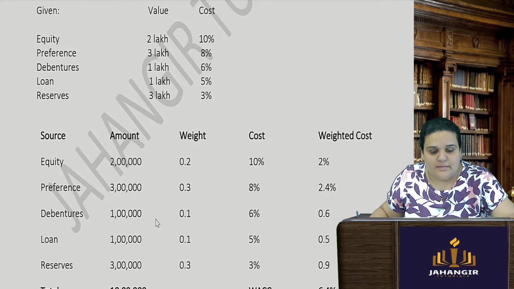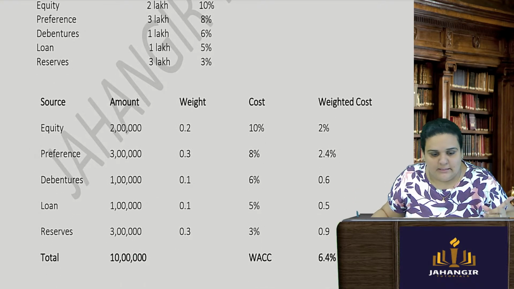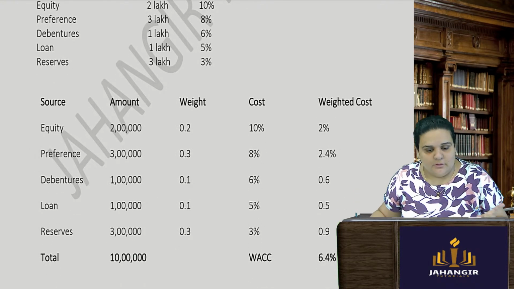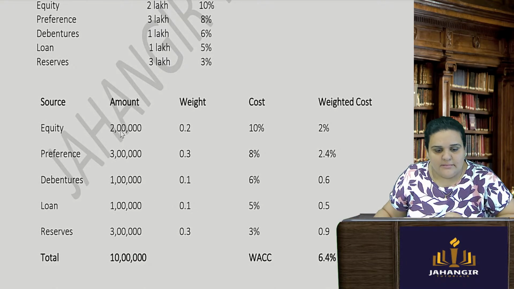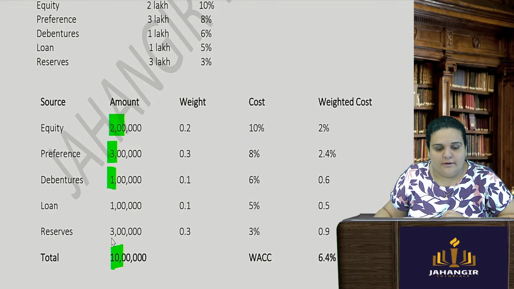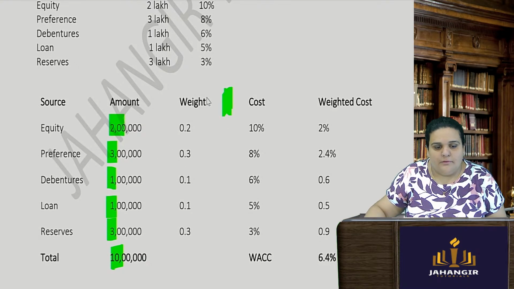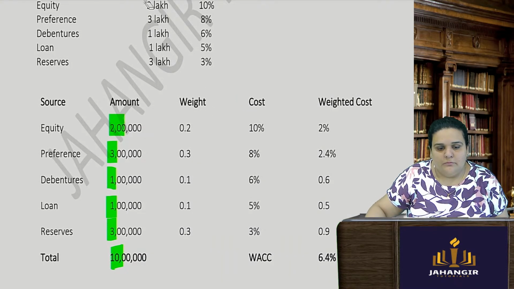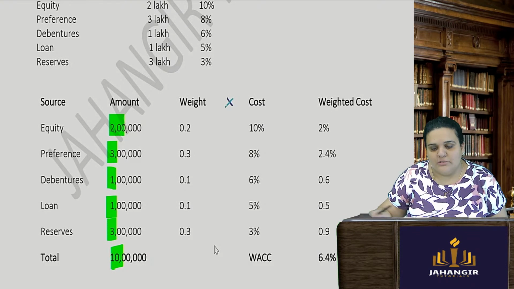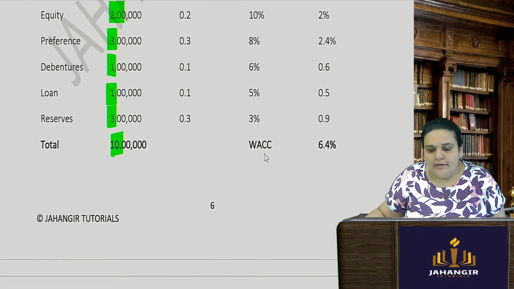I already did a similar sum in the starting when we started with cost of capital. So how will I assign weights? It will be 2 lakhs divided by 10, 3 divided by 10, 1 lakh divided by 10, 3 divided by 10, into cost. Simple. Cost is already given to us. The weighted average cost of capital comes to 6.4%.